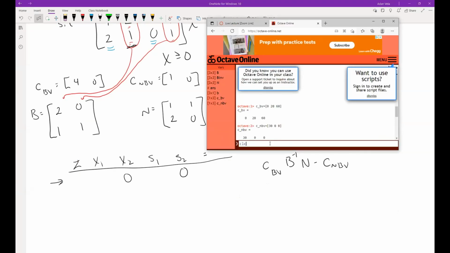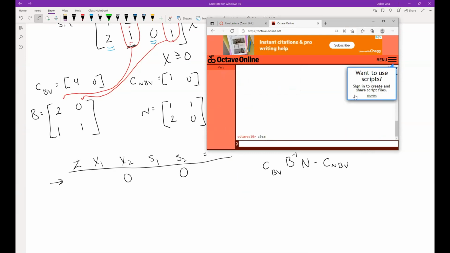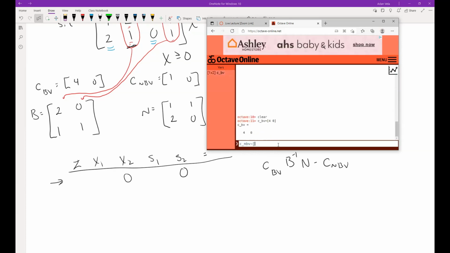For starters, I'm going to clear the screen using clc and then clear all the variables so that I'm starting fresh. We said CBV is equal to 4 and 0. CNBV is equal to 1 and 0. B is equal to 2, 0, 1, 1. N is equal to 1, 1, 2, 0. And b is equal to 6 and 8.